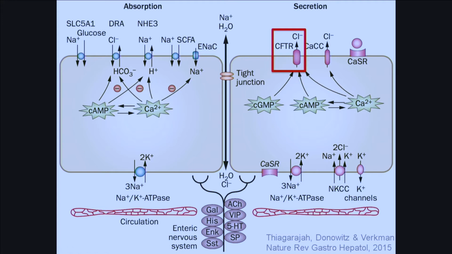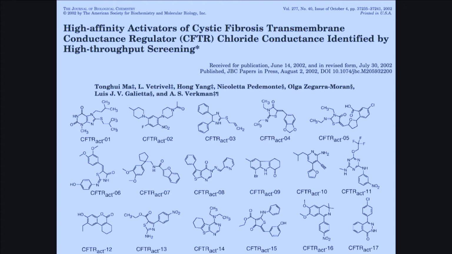So an inhibitor would have therapeutic efficacy. In contrast, constipation could be treated by slightly activating CFTR, by what I like to call producing very controlled cholera, and by doing so, hydrating the stool in a manner much more effective, say, than MiraLAX, polyethylene glycol. So we did a screen for activators.